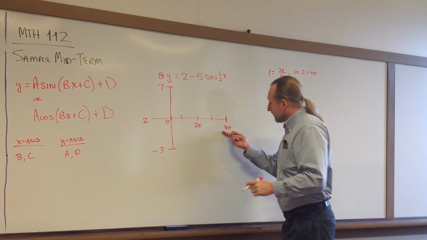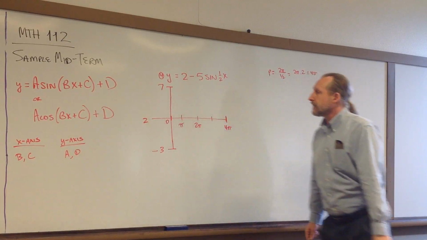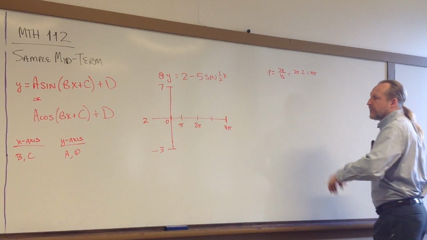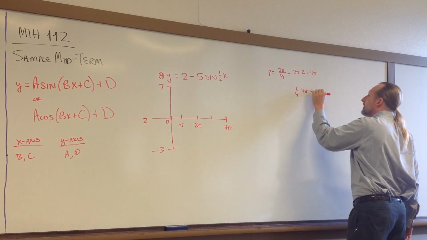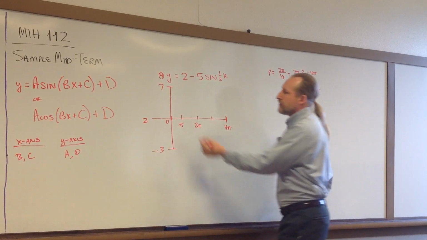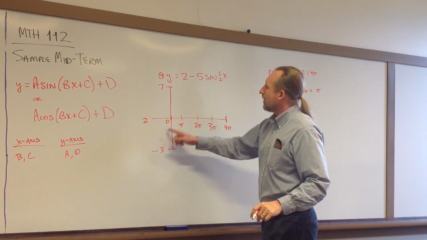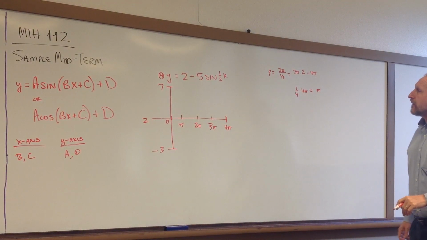That means cut this in half, this is 2 pi, cut this in half, that's 1 pi. Okay? You can also do that thing that I was talking about in section 2.5. Take 1/4 times the period, and then that'll be the value for each one of these jumps. Start at 0, 1 pi, 2 pi, 3 pi, 4 pi, and that's how it's happening.